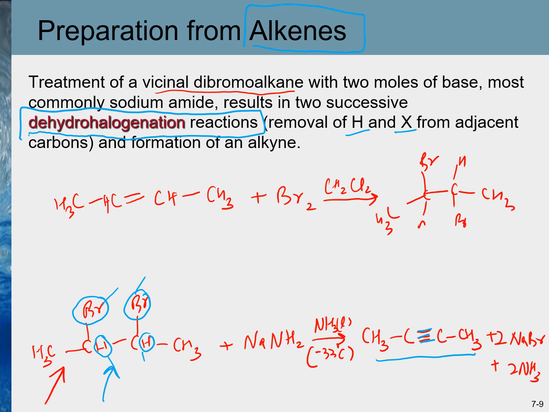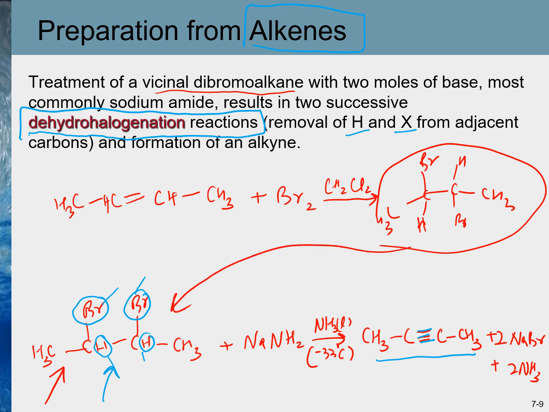We learned this reaction in previous chapter. It's the anti-addition, but this is a vicinal dibromoalkane. So this is same compound as this. So alkene can be used as a starting material. So therefore, in first step, we will need to treat alkene with bromine to get the vicinal dibromoalkane, and then the dibromoalkane is treated with a strong base in presence of liquid ammonia to get alkyne.